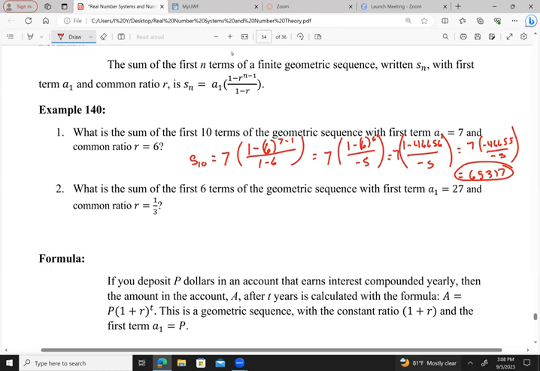Okay, what is the sum of the first 6 terms of the geometric sequence with first term a1 equals 27 and common ratio 1/3?